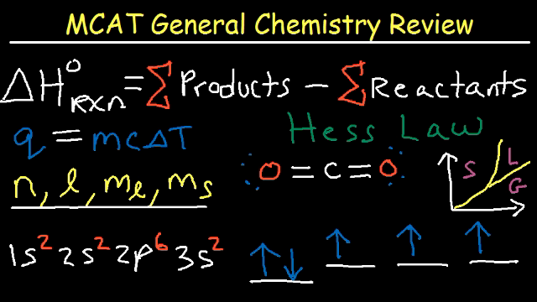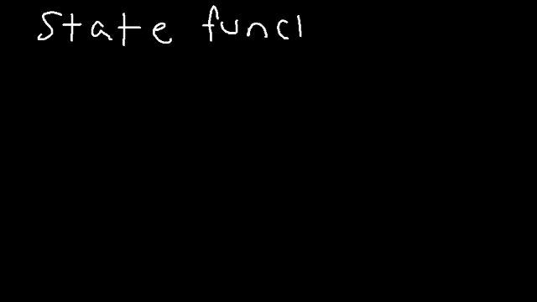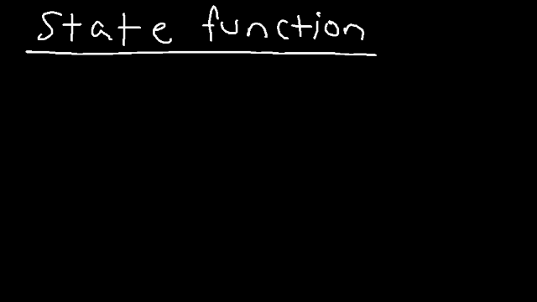Let's begin. Now the first thing that we're going to talk about in our thermochemistry section of general chemistry is state functions. What do you think a state function is? A state function is something that depends on the state. It depends on the initial state and the final state.